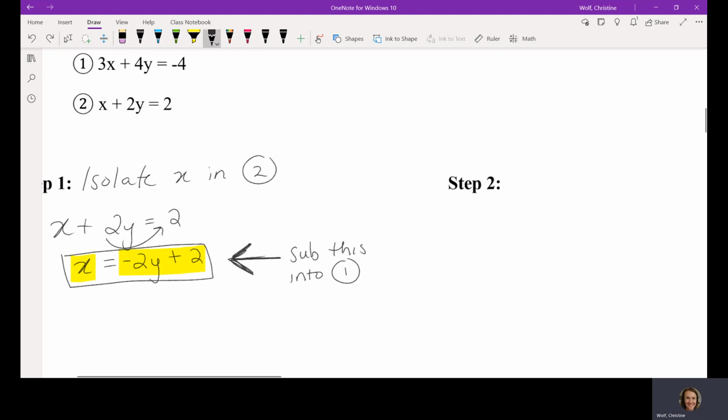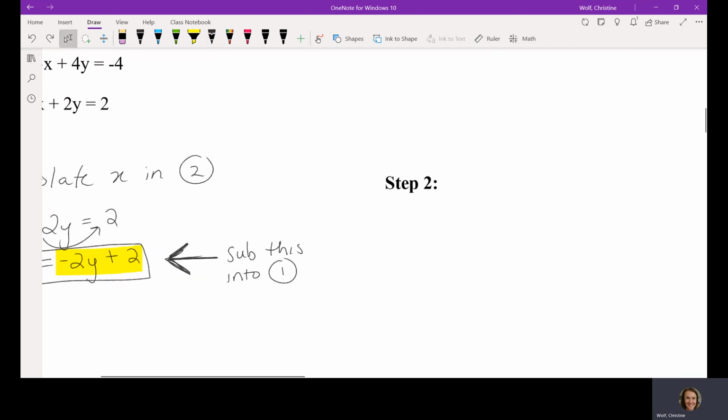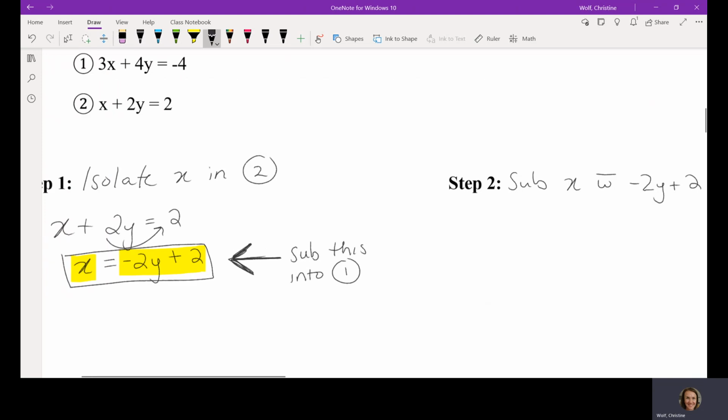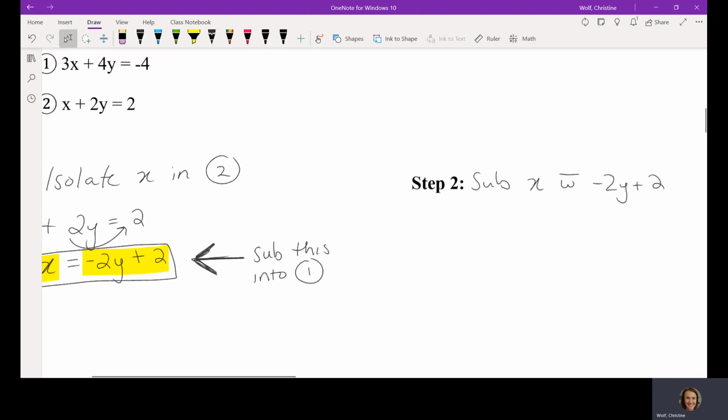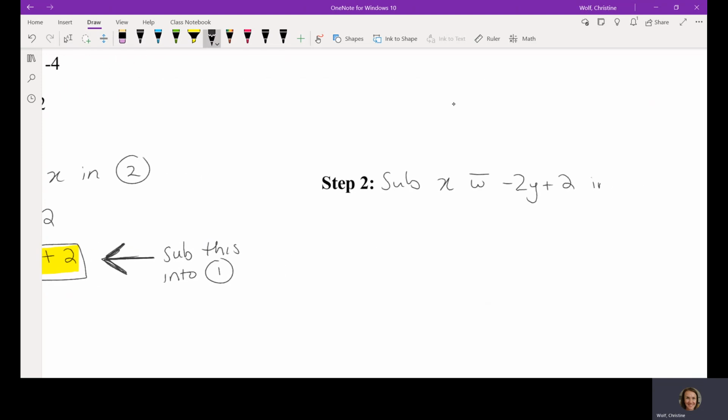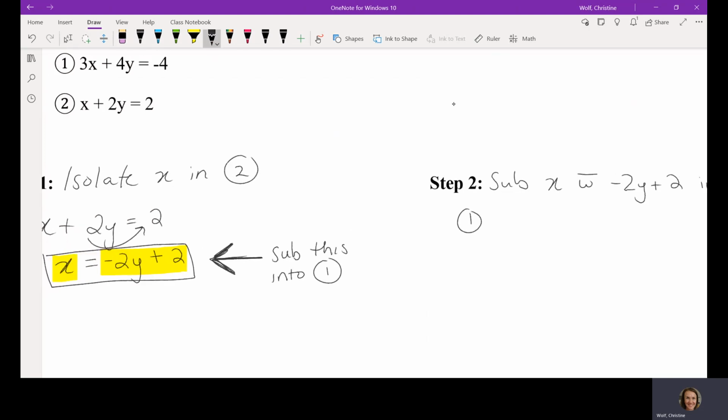Okay, so step number 2 over here is I'm going to sub x with negative 2y plus 2, right? I'm taking x and subbing it in with negative 2y plus 2 in the other equation I haven't used yet. Okay, so here's equation number 1 in its original form, 3x plus 4y equals -4.